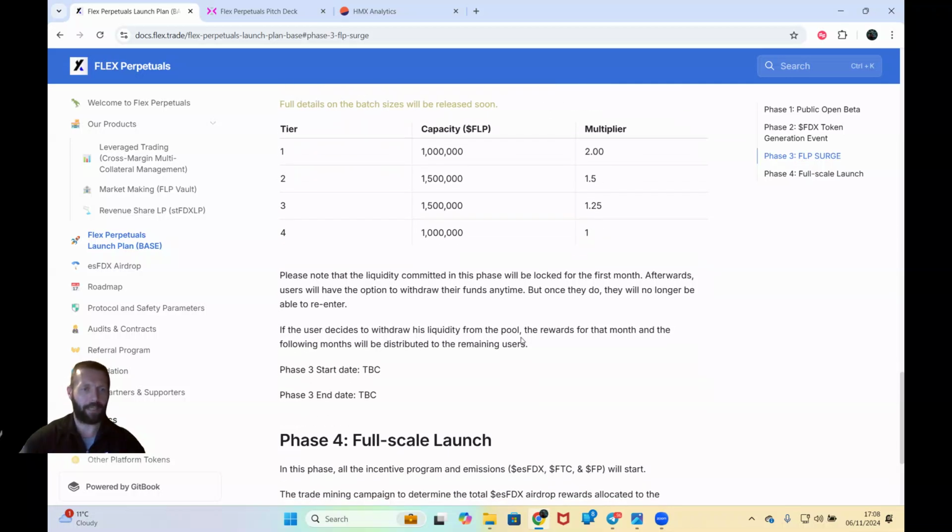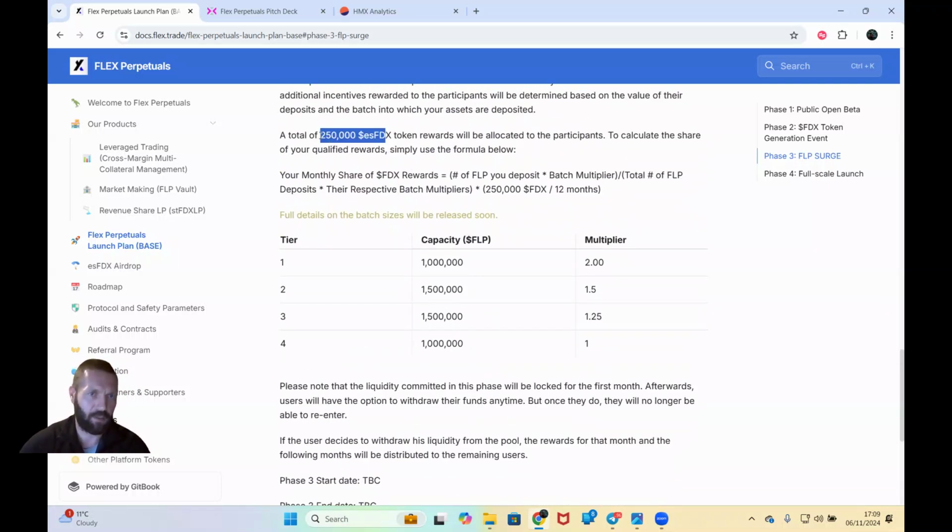You can come back in to the FLP, but if you've participated in the surge and you leave and you come back in, you don't regain your access to these monthly rewards. Okay, you lose that. You would just get the standard 45% revenue share from the platform plus our community incentive rewards.